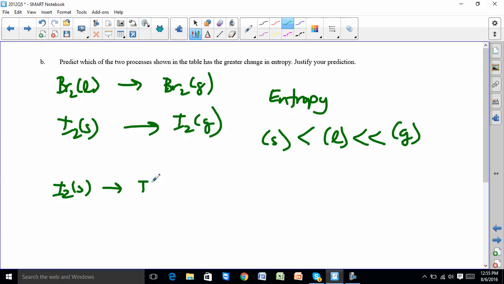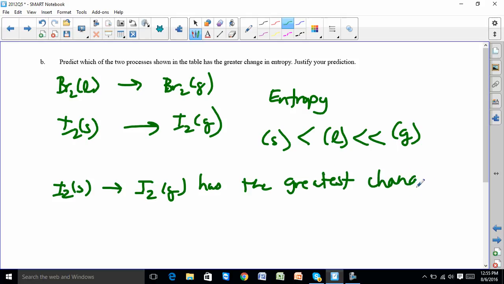I2 solid to I2 gas has the greatest change in entropy because, and then just talk about this.